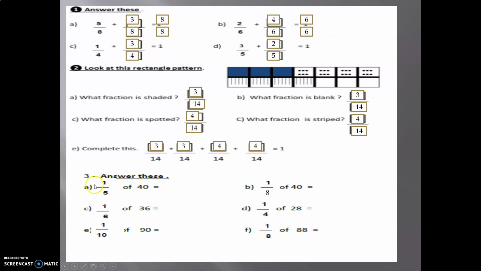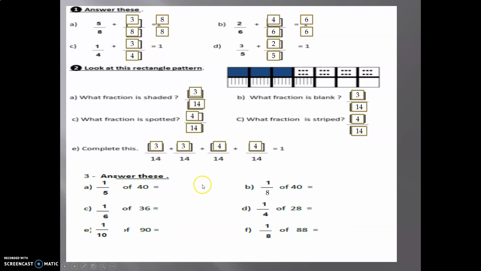Let's go to question number 3. Answer these. A. 1/5 of 40. Do we really have to draw 40 apples and start to divide them into 5 equal parts? We have another, easier way to solve this question.